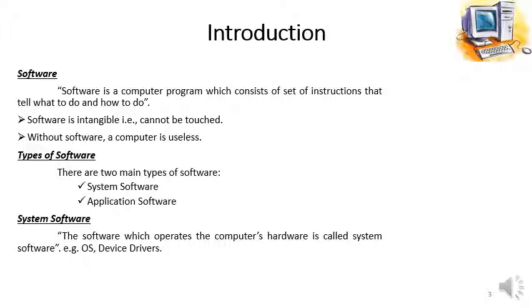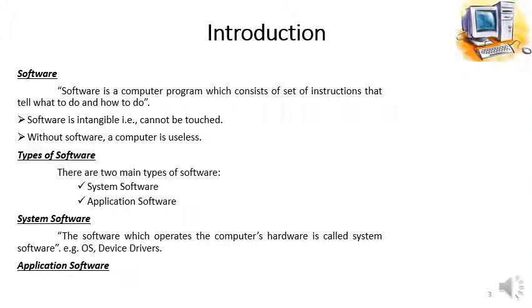Only then will we be able to operate that printer. If we want to install a scanner or any other peripheral device and use it, we must install its driver. That driver software for a specific device is called a device driver.